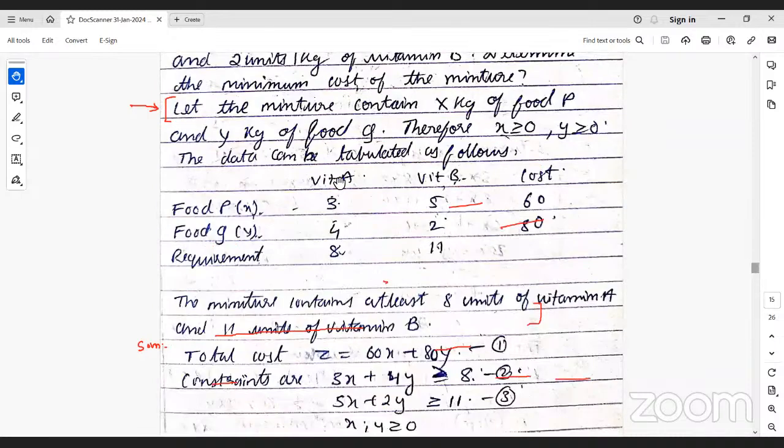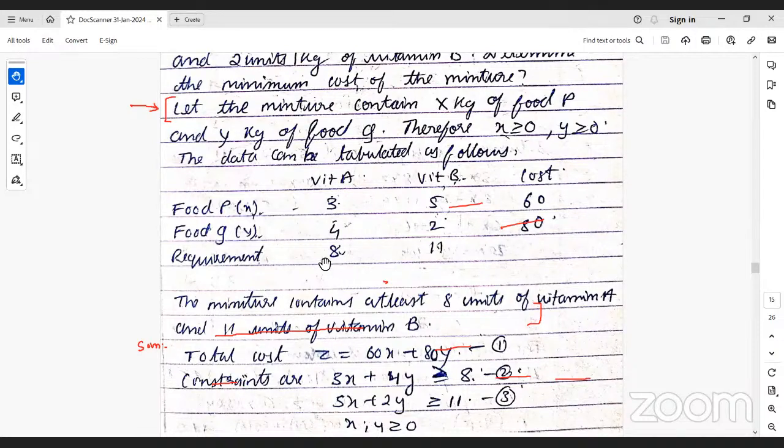This table is very important here. Food P is consisting of vitamin A and also vitamin B. Similarly, food Q is also consisting of vitamin A and vitamin B, and also the cost of one packet of food P and the cost of one packet of food Q is given.